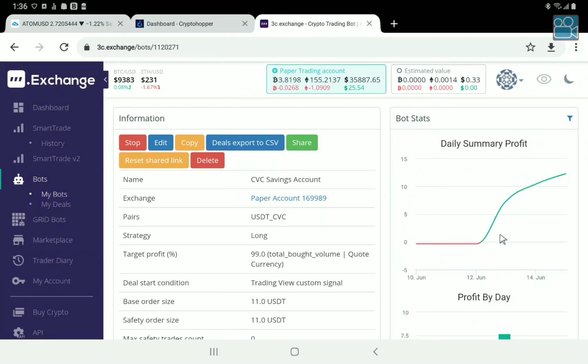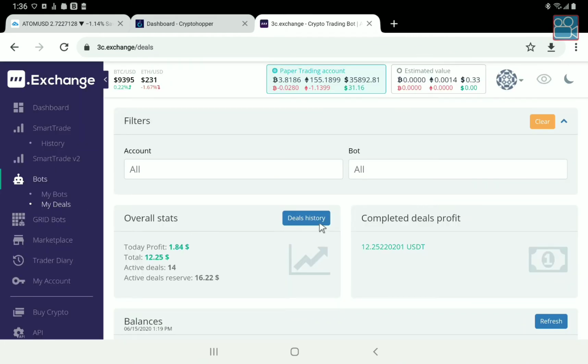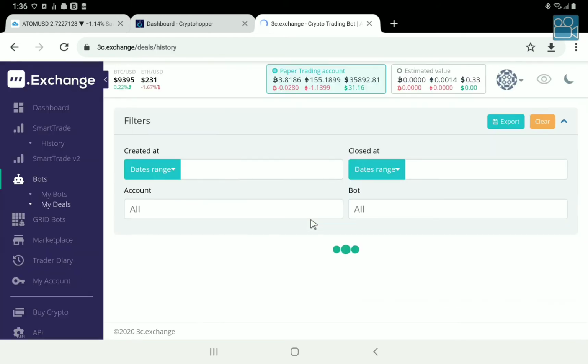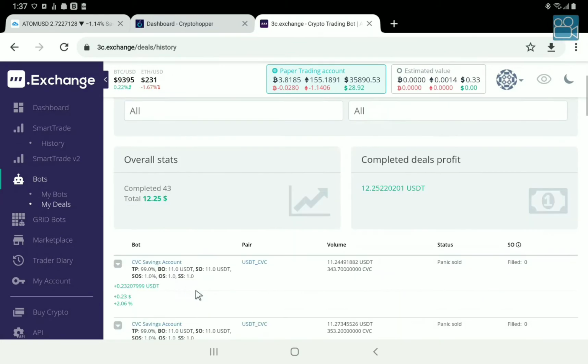Now this is also using the close all. In fact, let's come to deals. Let's go to deals history. $12 is not bad for the time frame.